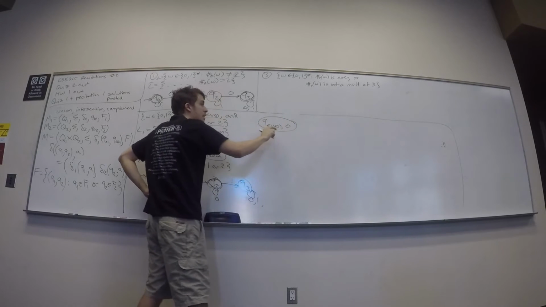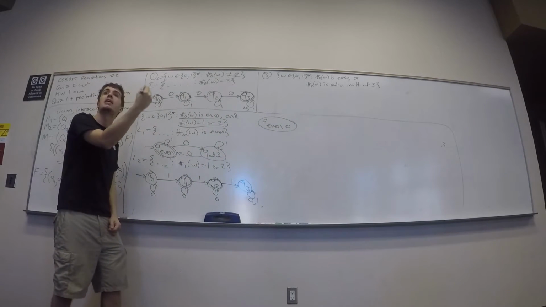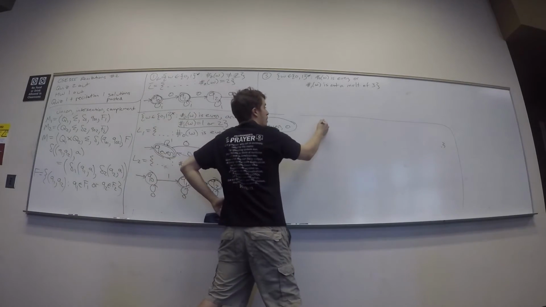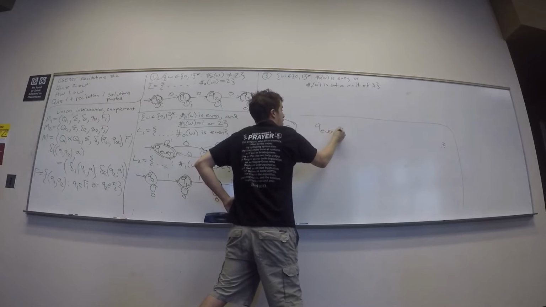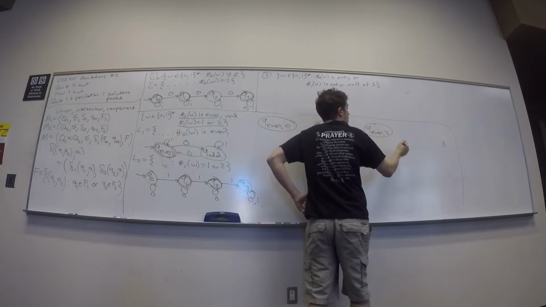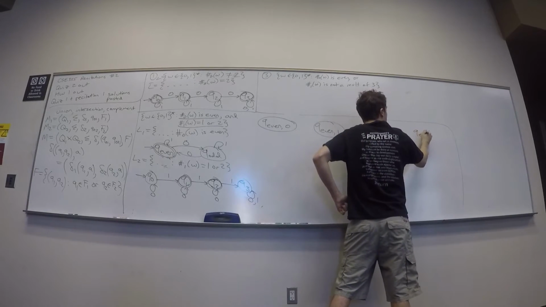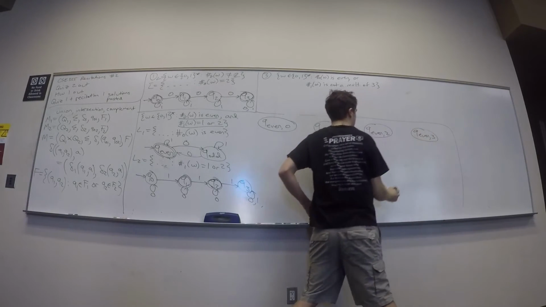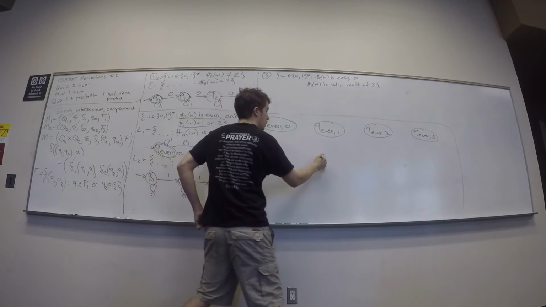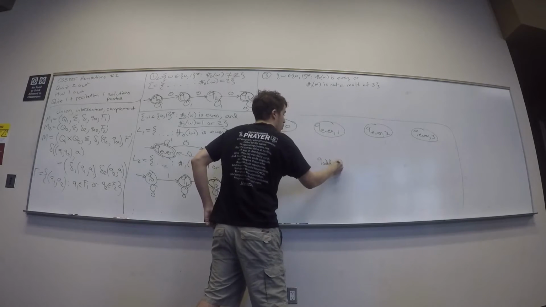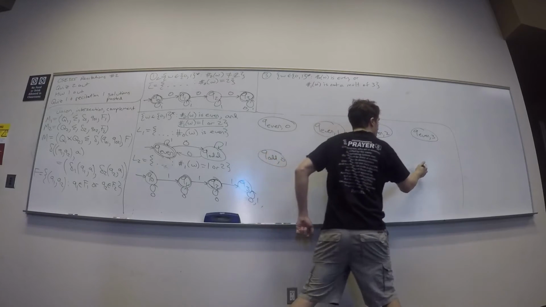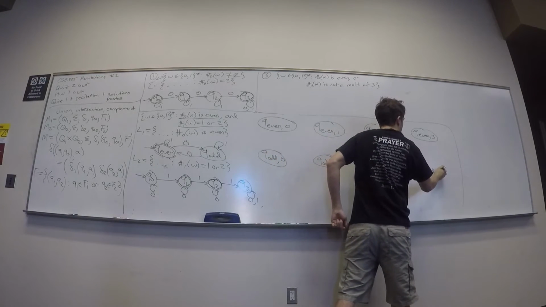So I'm going to call these Q even 0, Q even 1, Q even 2, Q even 3, and then Q odd 0, Q odd 1, Q odd 2, Q odd 3.